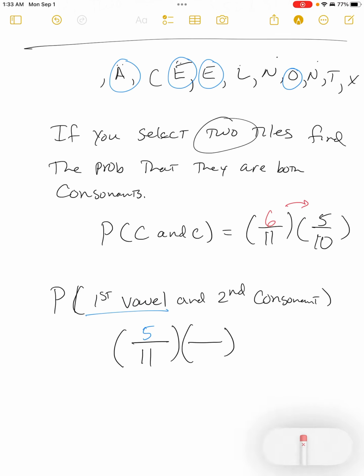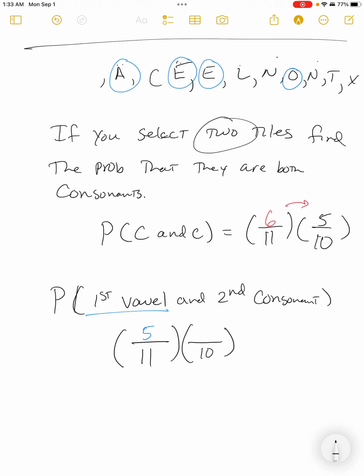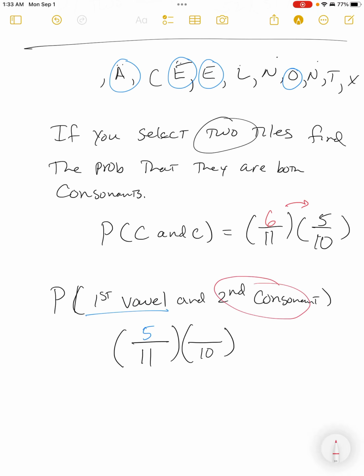So let's suppose we got that first A. Well, how many are left? There are 10 tiles left. And out of those 10, how many are consonants? Well, 1, 2, 3, 4, 5, 6 of the 10 are consonants.